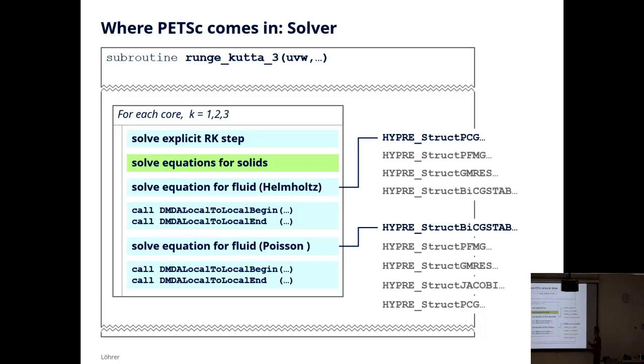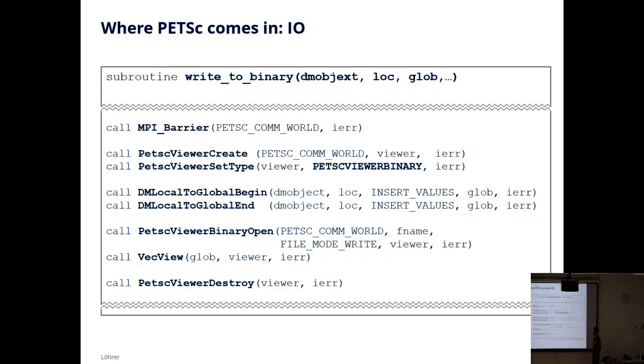We have tried different solvers, and our default right now is to use the struct BiCGSTAB and the PFMG. Okay, parallel in-out is easy. All we have to use is the PETSc VecView command, having set up the PETSc viewer before, and this would be a lot harder to do by hand.